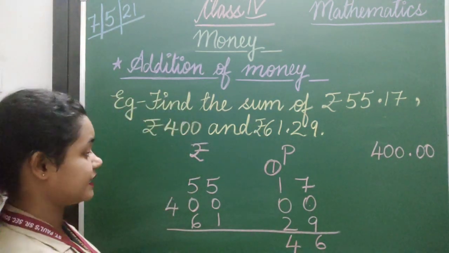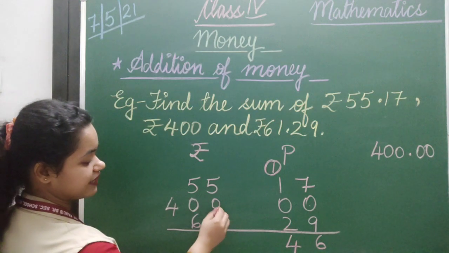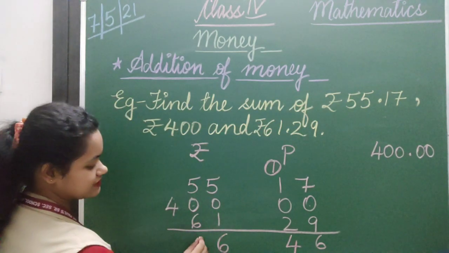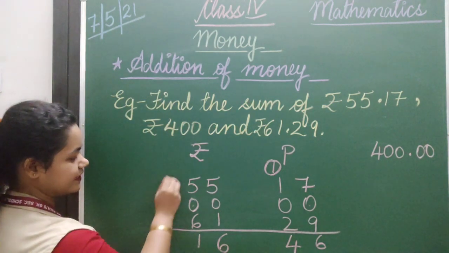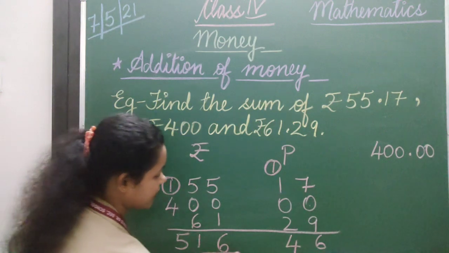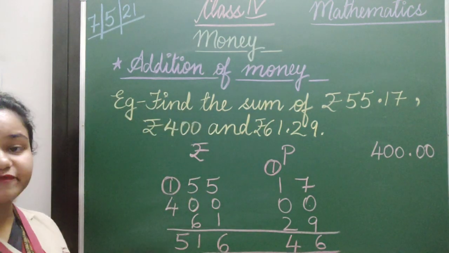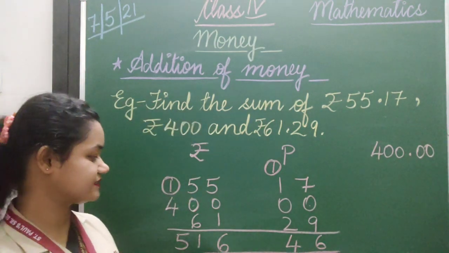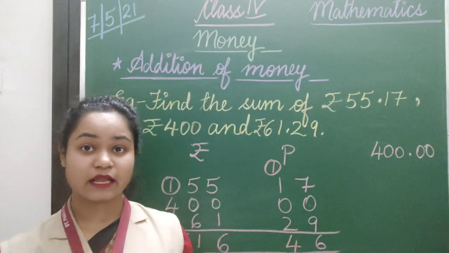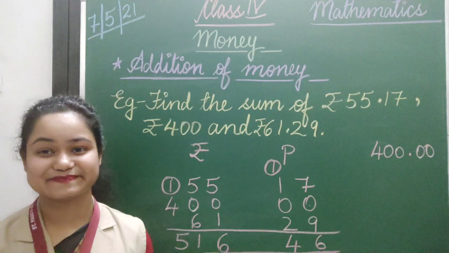Understood? Next. 5 plus 0, 5. 5 plus 1, 6. 5 plus 0, 5. 5 plus 6, 11. 1 carry. 1 plus 4, 5. So your answer is rupees 516 and 46 paisa. Understood? Alright. Copy this down please.